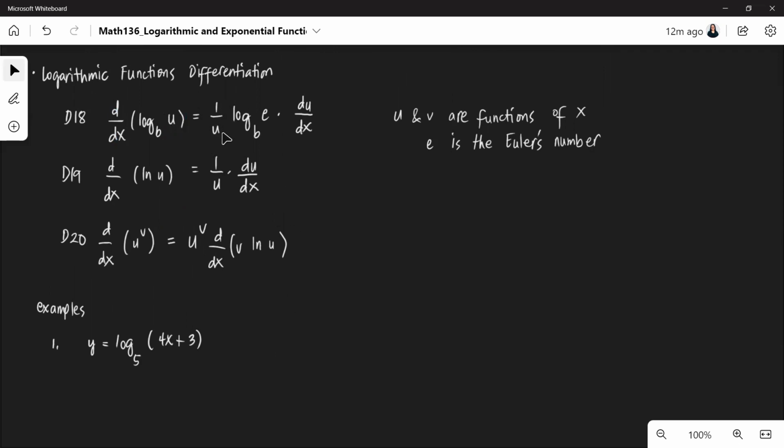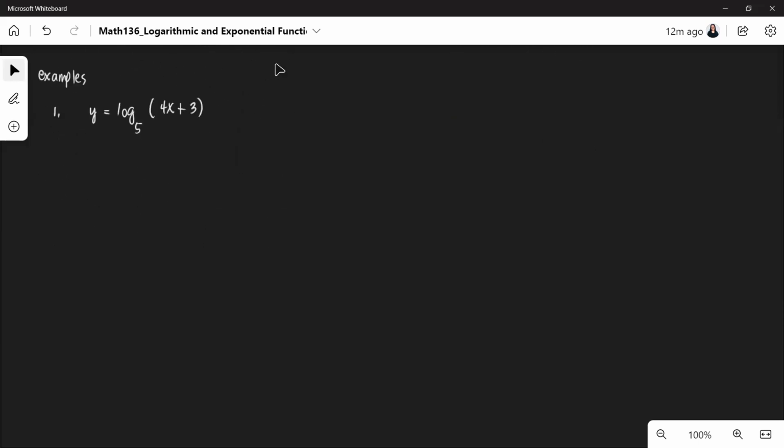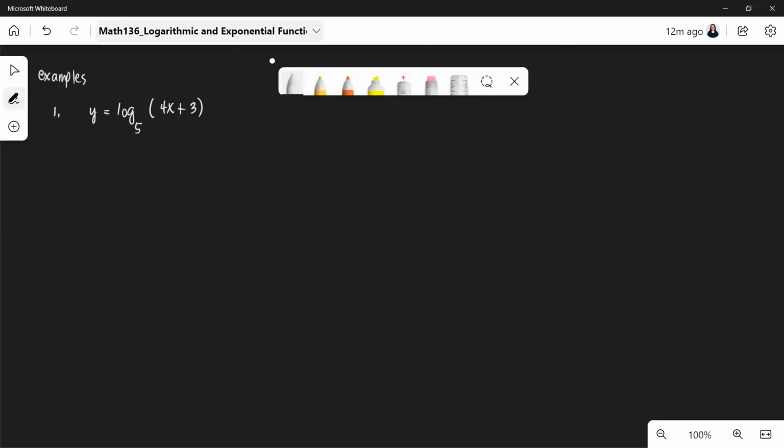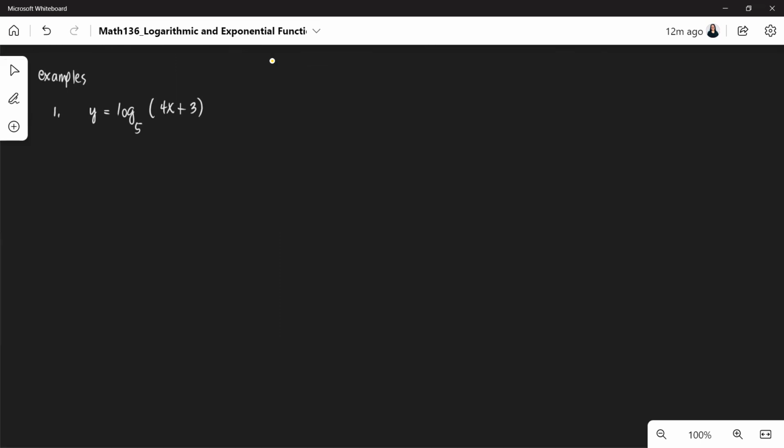So it says here 1 over u, then log of e to the base b, then multiply it with the derivative of u with respect to x. So simply copy the formula and replace the variables with the corresponding values. So b is 5 and u is 4x plus 3.